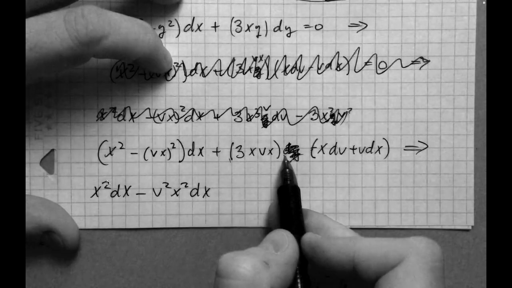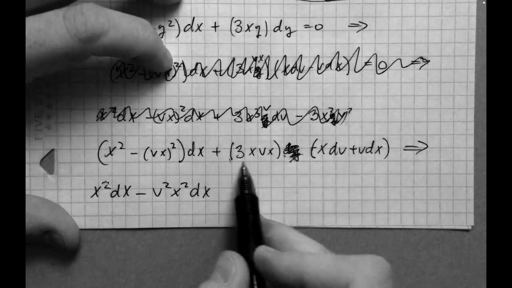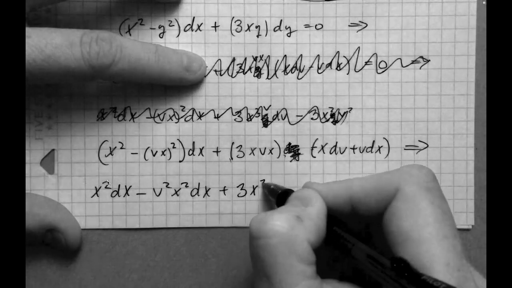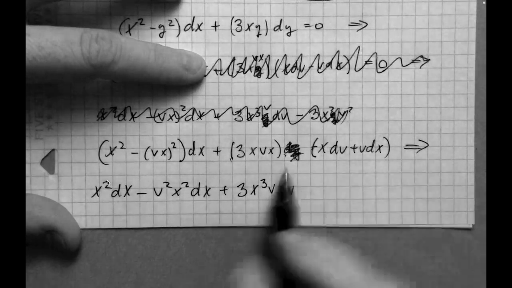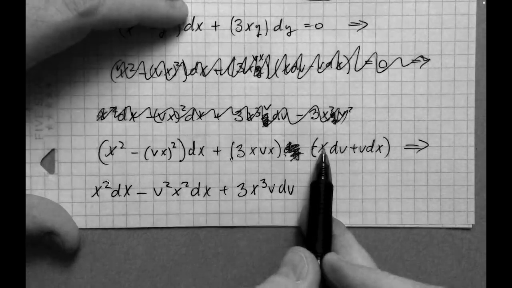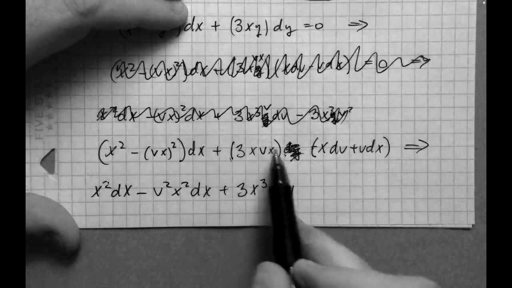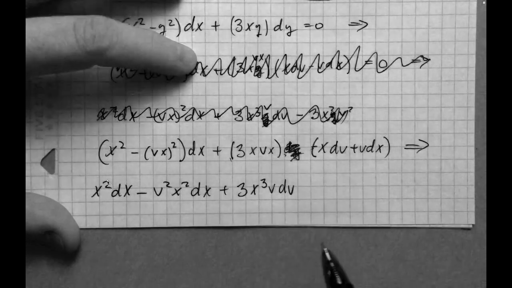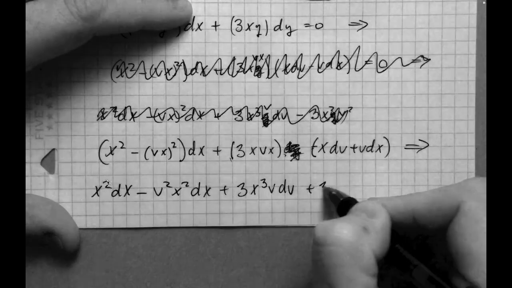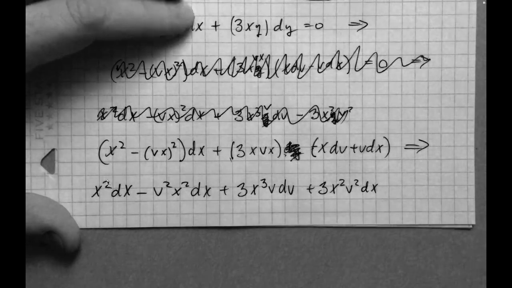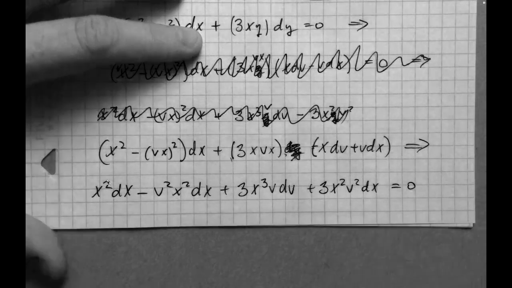And so when I multiply that here, I get 3x cubed v dv, right? So that's these two. And then the last one is going to be 3x squared v squared dx. Okay? And that's equal to 0.